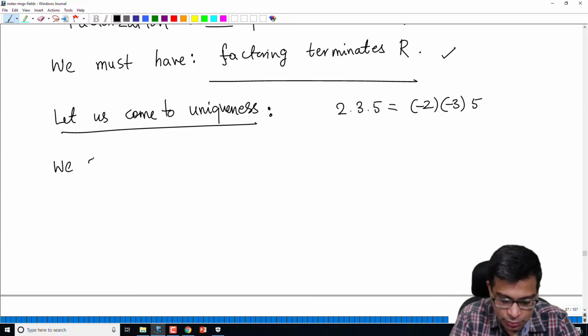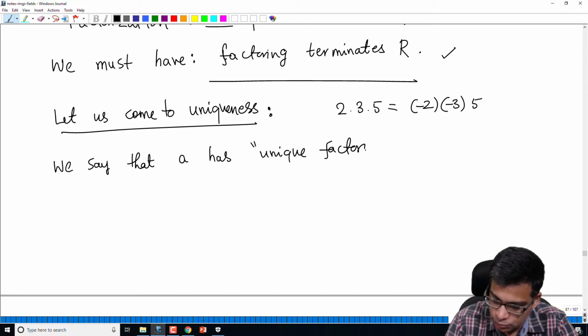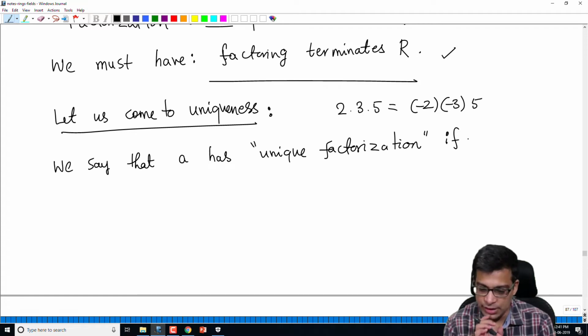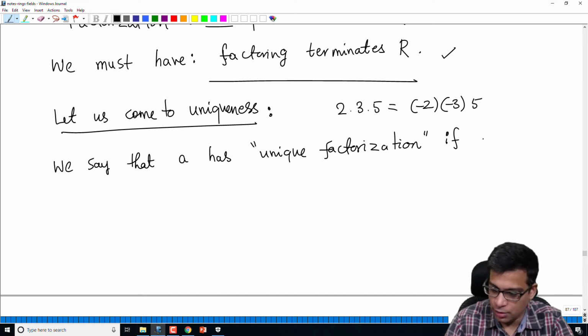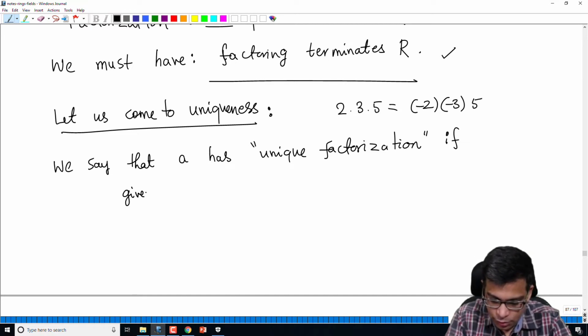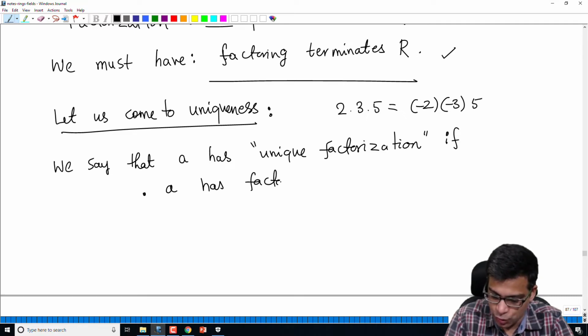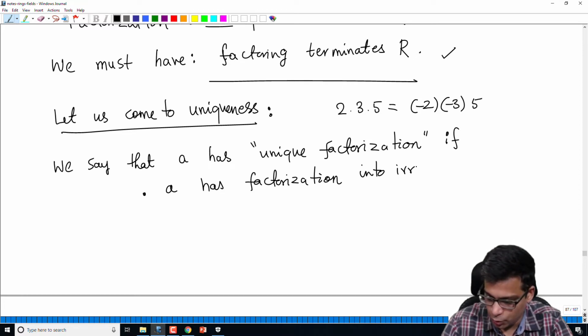So we say that an element small a has unique factorization if the following happens. First of all, a must have a factorization into irreducible factors.